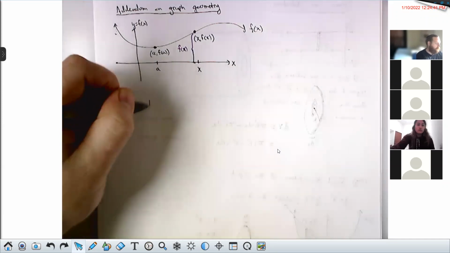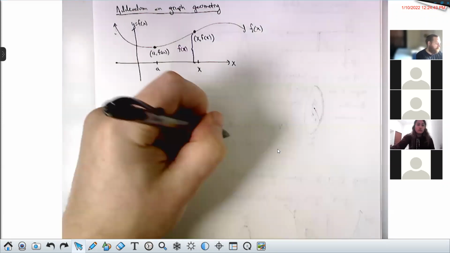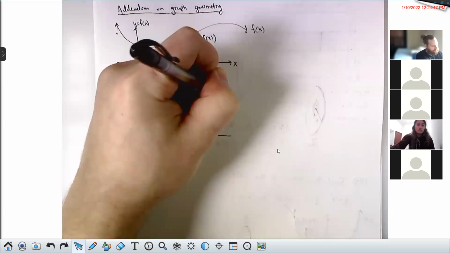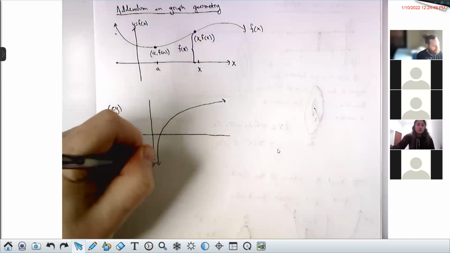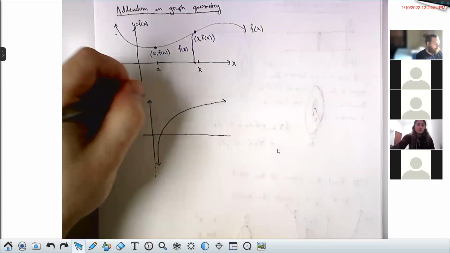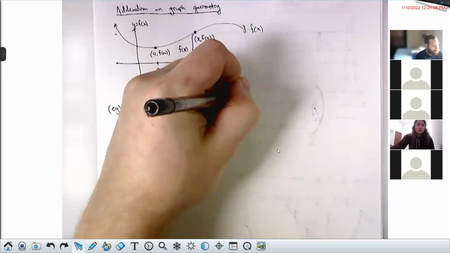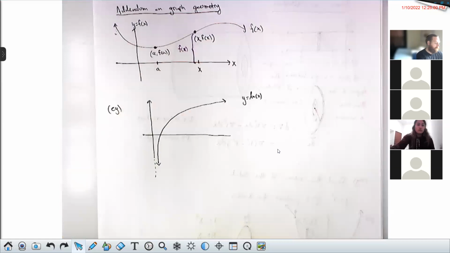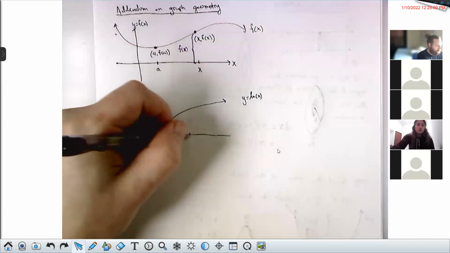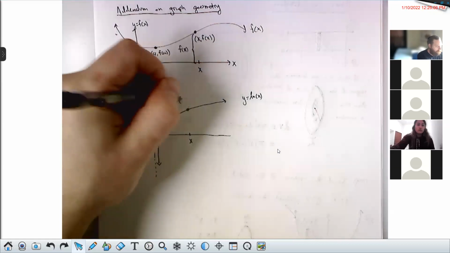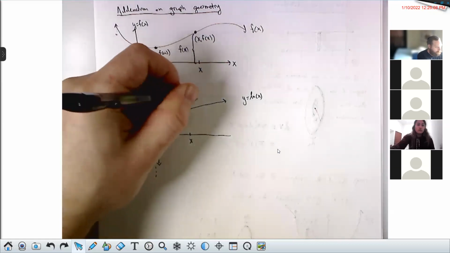if I'm looking along the graph of the natural log function, which looks like this, vertical asymptote here, y equals ln x, and I want to characterize a point on that curve, this would be x comma the natural log of x.